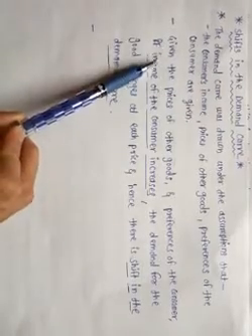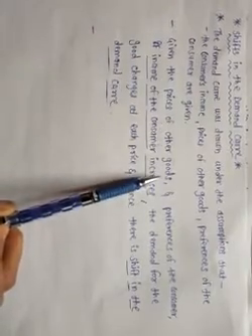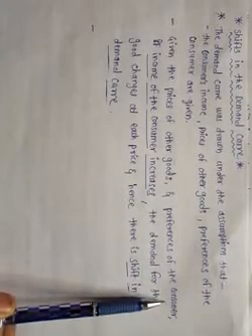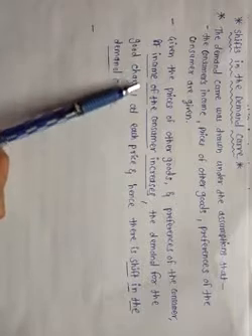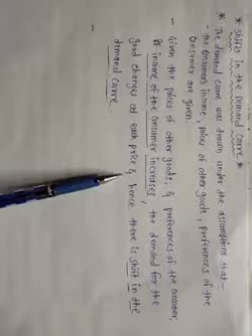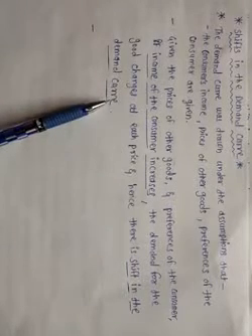Given the prices of other goods and preferences of the consumer, if the income of the consumer increases, the demand for the good changes at each price, and there is a shift in the demand curve.